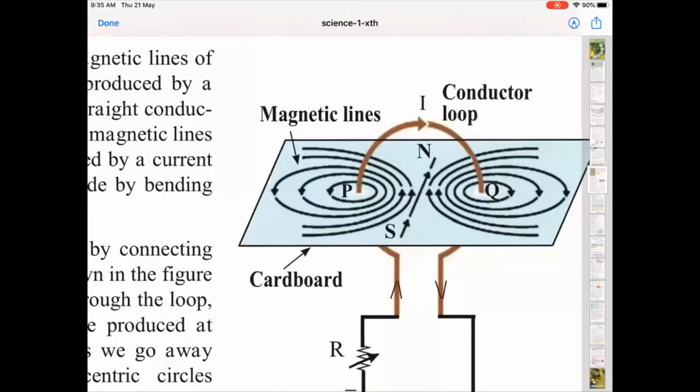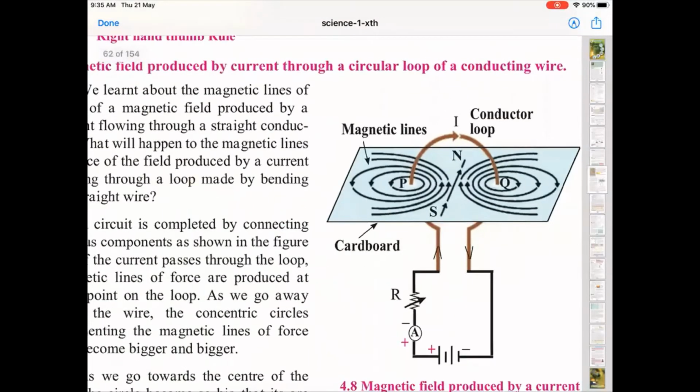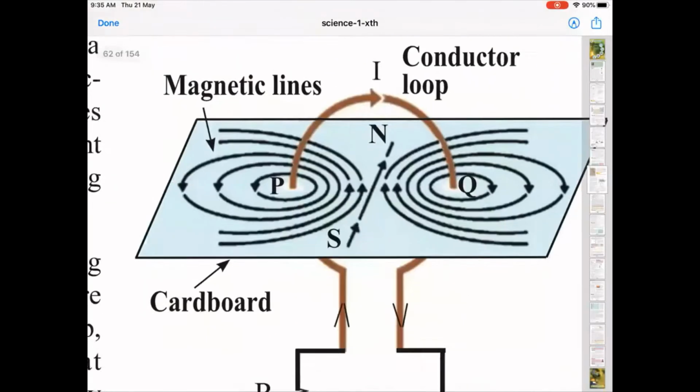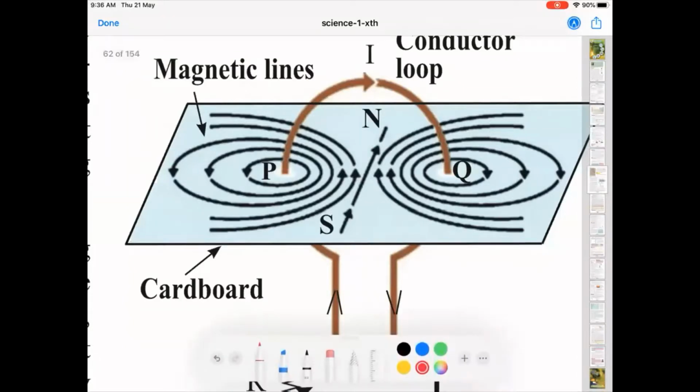So the magnetic lines of force which are produced by the loop of a wire are similar to those of a bar magnet. An interesting point to note here is that the magnetic lines of force are very close to each other closer to the loop of the wire, and as we go away from the loop of the wire, the magnetic lines of force go away.